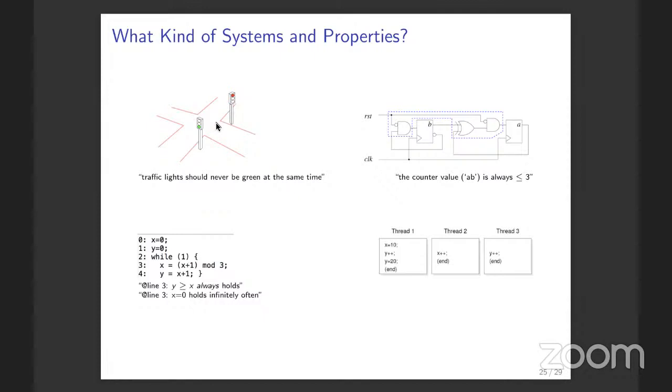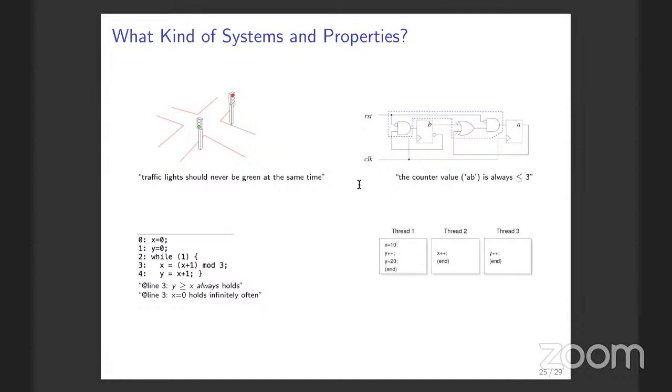So the current state is the state of the two lights, and the environment is whether a car is present or not. So there is some environment and there are states.